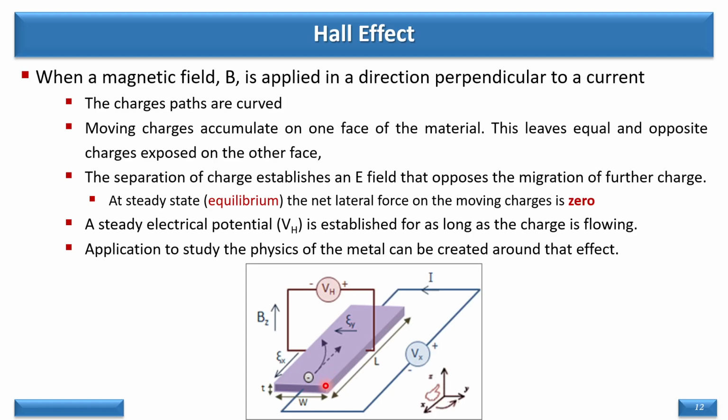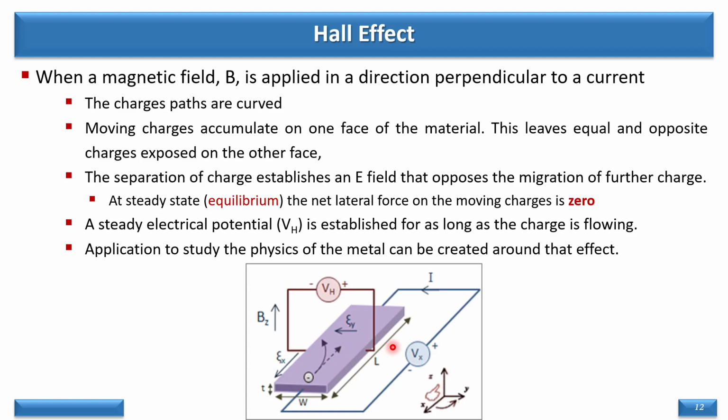So there will be more holes or positive charge accumulated on the right side and electrons accumulated on the left side, causing an electric field that is pointing from right to left. An electric field pointing from right to left will cause some force trying to bring the charges from left to right.